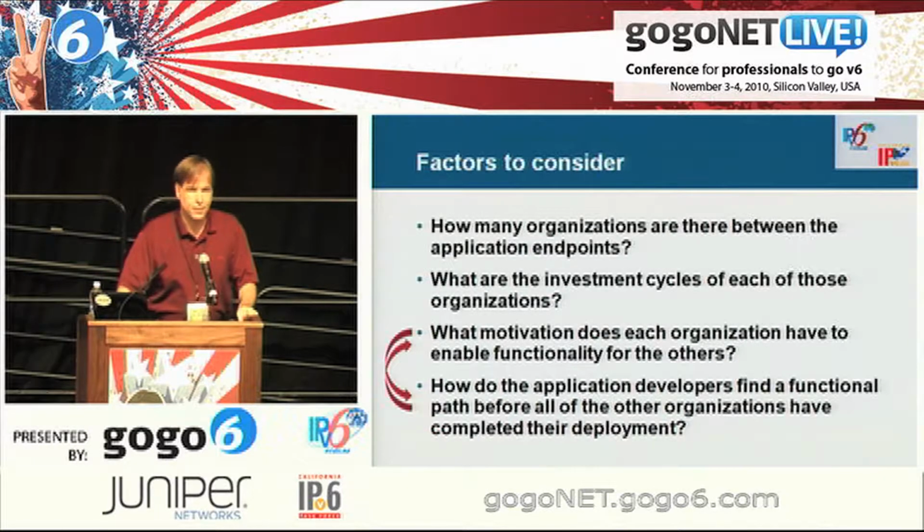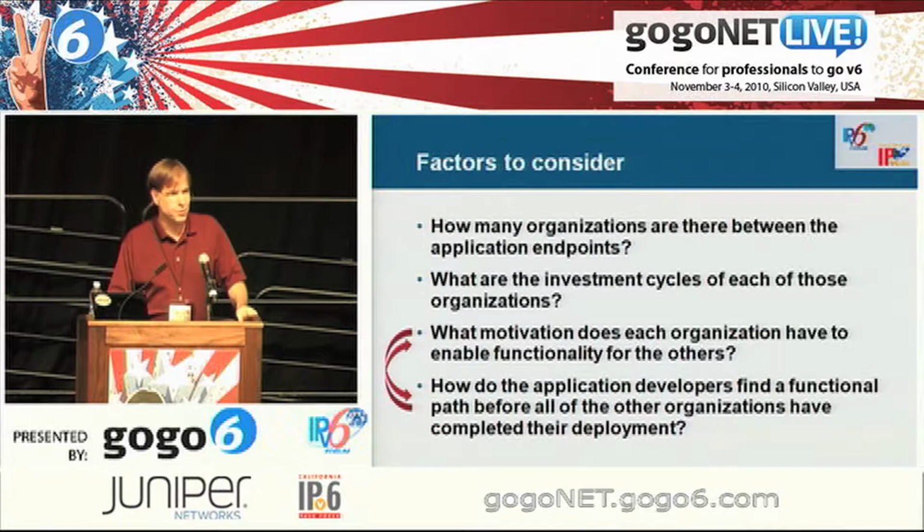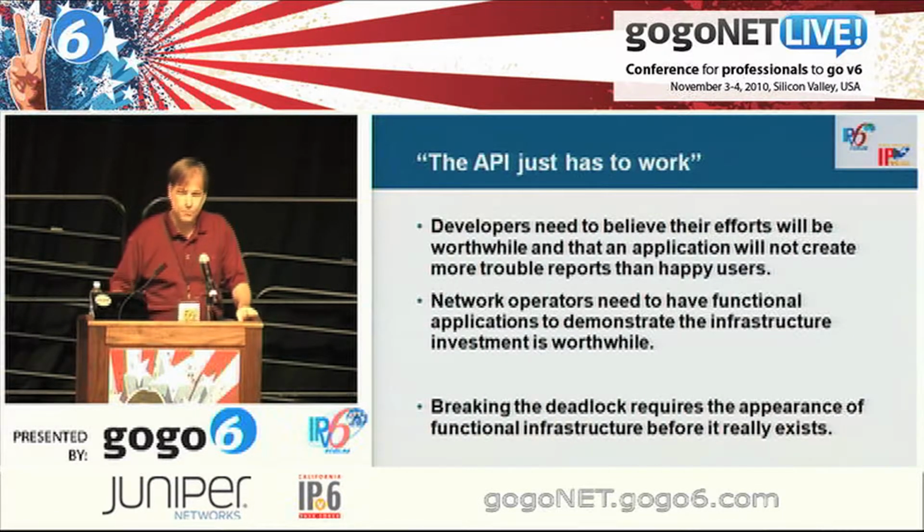The flip side of that is, unless the broadband and all of the infrastructure providers along the path are doing what they need to do, what's the motivation for the application developer to do anything? If they enable V6 in the app and it starts timing out and doing other bad things because it gets confused, that's going to make their app look worse. They've spent more time and effort building a V6 capable app, which makes them less competitive to begin with. Even though in the long run it's the right thing, in the short term, it's a hard problem. And in fact, everybody's looking short term. So you end up with this cycle. So you have to break that somehow, right?